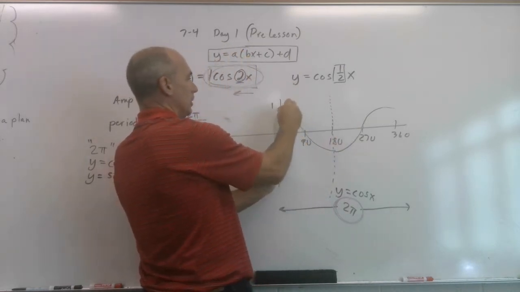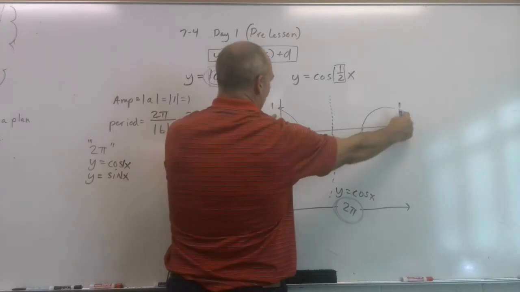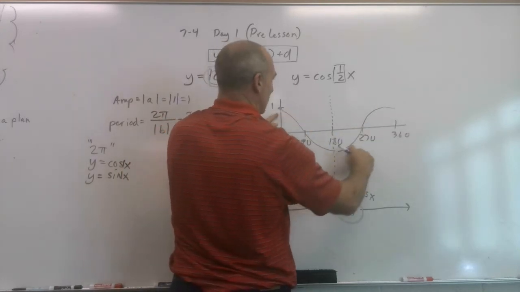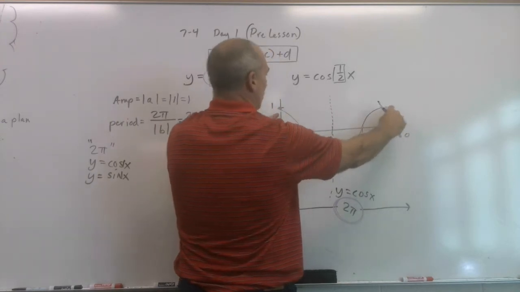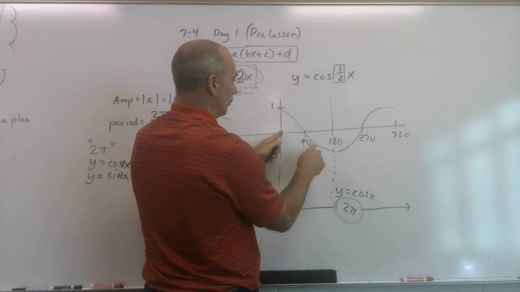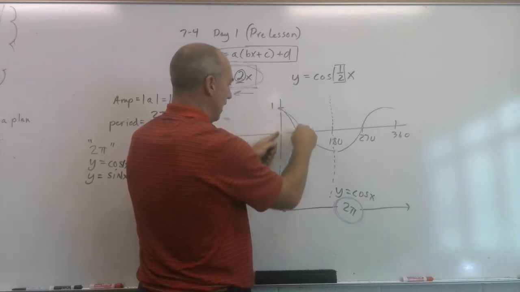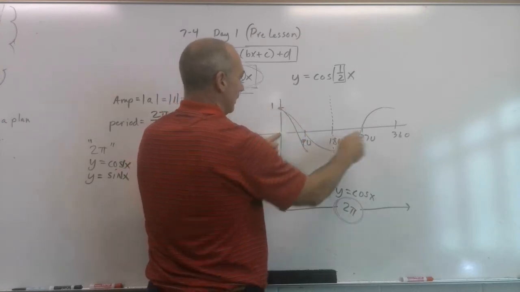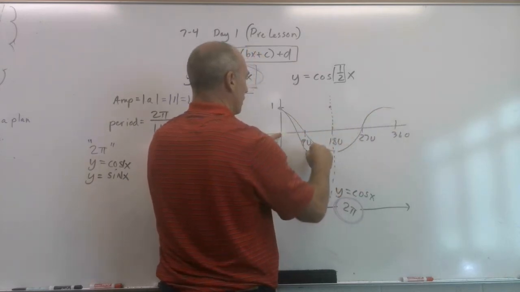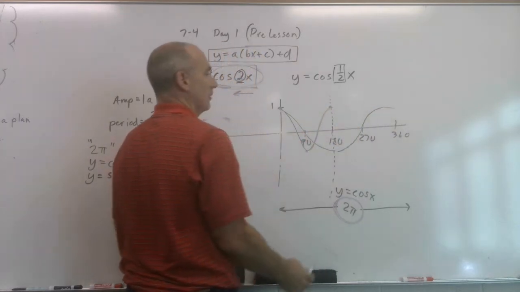So I start here. Notice in this amount of time, it goes down to -1 halfway and then back up to 1. So what's halfway here? Halfway is here. It's got to go down to -1 halfway. And then it's got to get back up to 1 by the time it ends, which is right here. It can go like this. Look what happened.